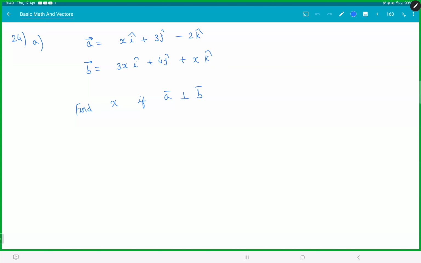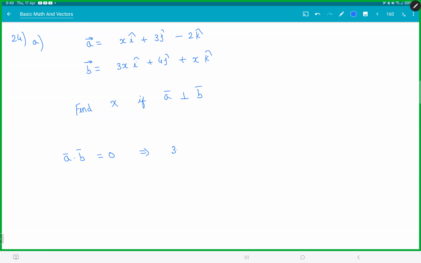Yeah, minus 12. Chalo, fast. I'll give another 10, 15, 20 seconds. If two vectors are perpendicular, the dot product is 0. So a bar dot b bar must be 0.